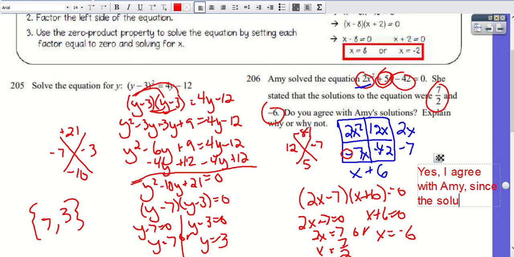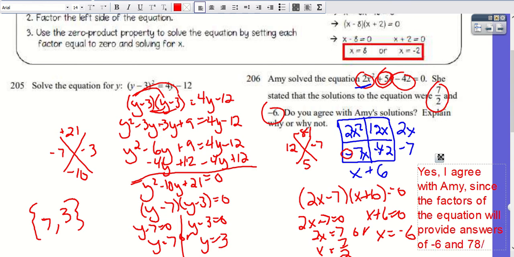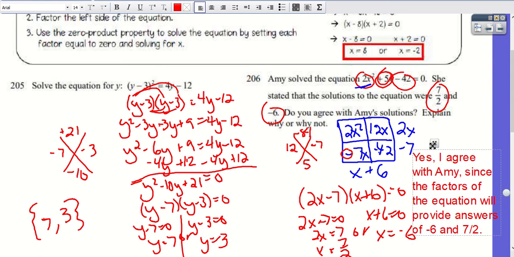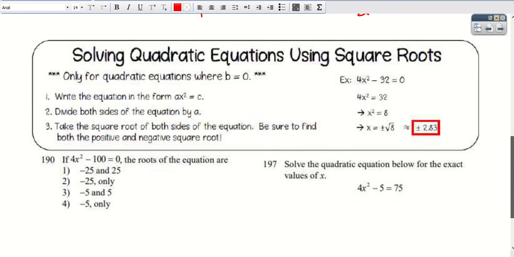We would say since the factors give 7 over 2, anything along those points. So if you're solving it, you can say that the solutions are, or I solved it myself and I ended up with the same thing. The roots of the equation are, any of those things will work here. So that explanation will fit.